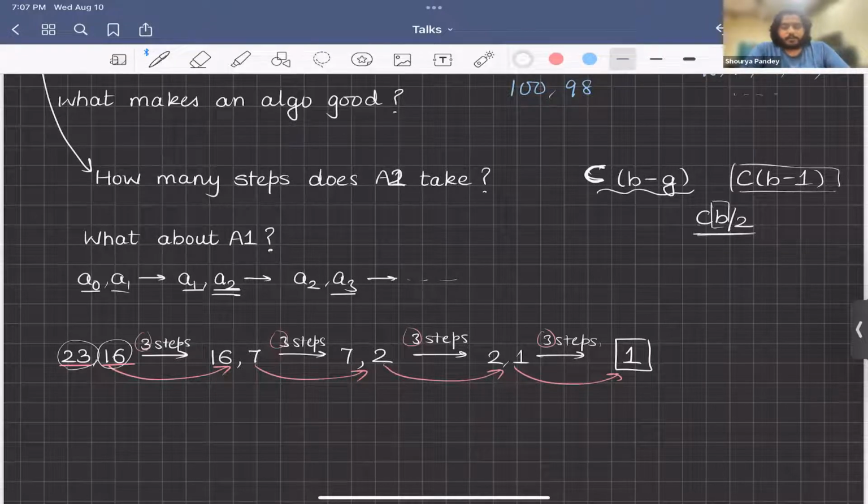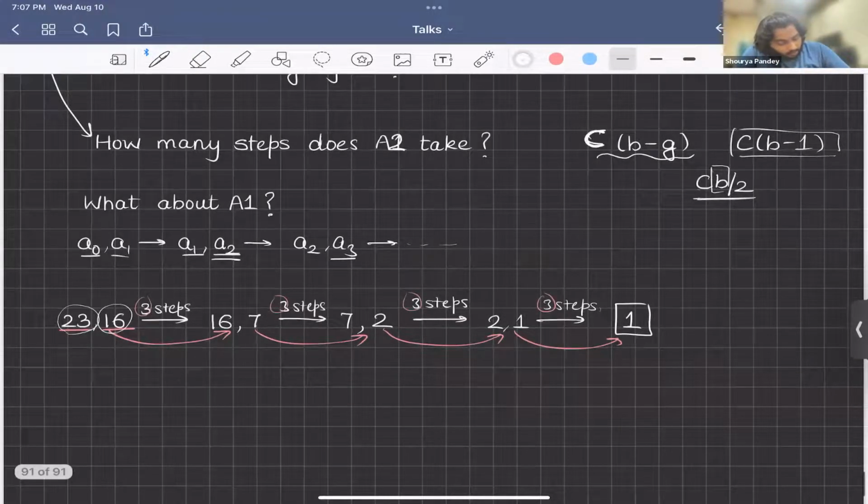Coincidentally, it's exactly 4. But intuitively it feels like the numbers get halved each step, or something like that, right? And so if you keep halving the numbers, then in log n steps you'll reach 1 on the GCD, right? So you are right, it will be logarithmic, but can you prove that?